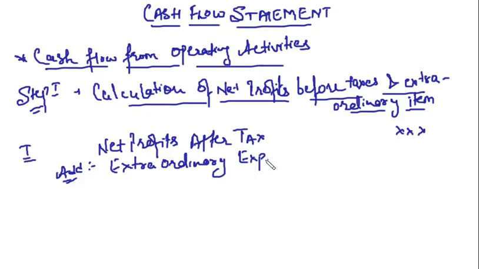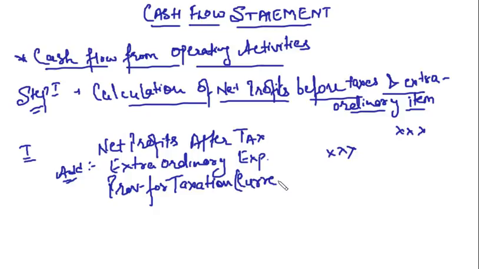Now we will add back these extraordinary expenses, and we will add back provision for taxation of current year only. For the current year, we set aside some amount out of the profits to pay for taxes. We have created a provision for taxation.